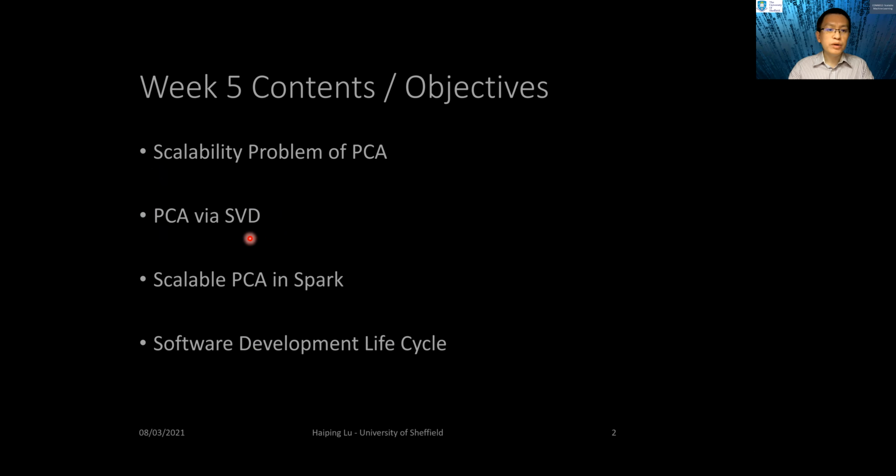Next, we will study scalable PCA in Spark. And finally, I will talk about the software development life cycle. Let me start with a recap of PCA and also discuss the scalability problem in PCA.